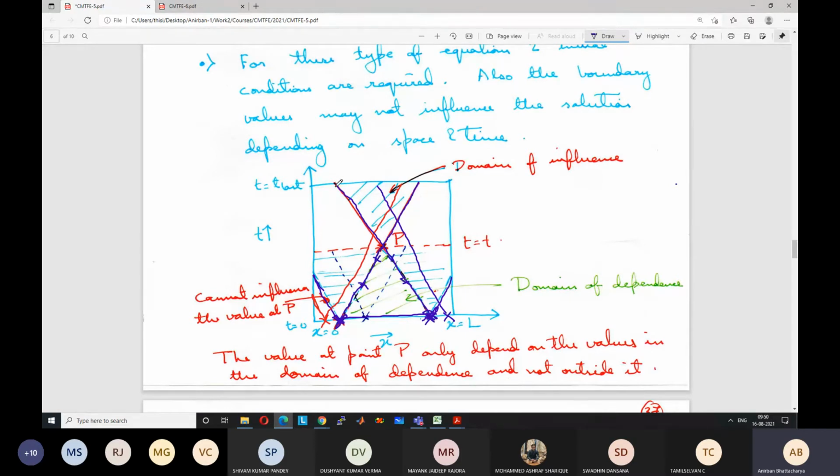Basically, these are the same characteristic lines, the characteristic lines in the other direction. So the region which can influence P is also bounded by the characteristic lines, below P, or before that time. And the domain on which P depends, the domain of dependence, is also bounded by the characteristic lines.